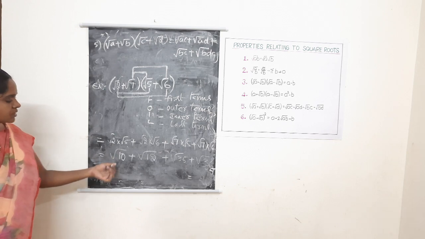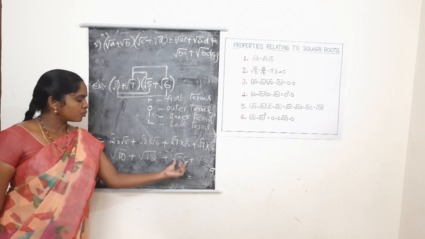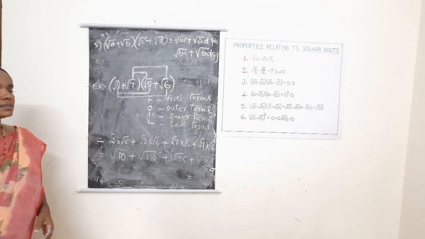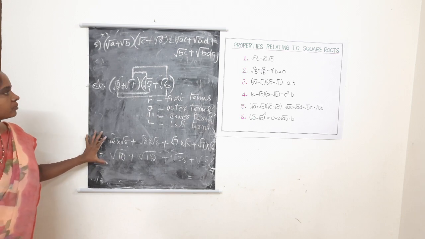So the result is √10 + √12 + √35 + √36. So the fifth property is satisfied.